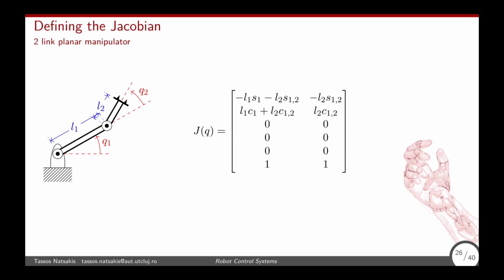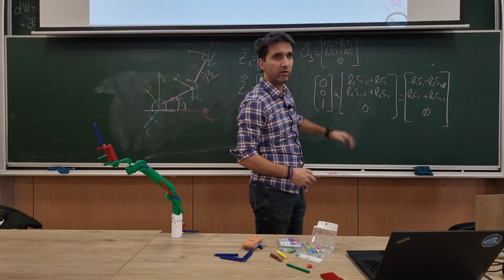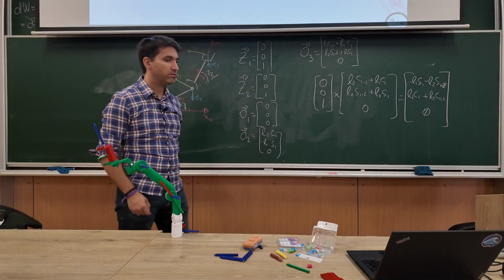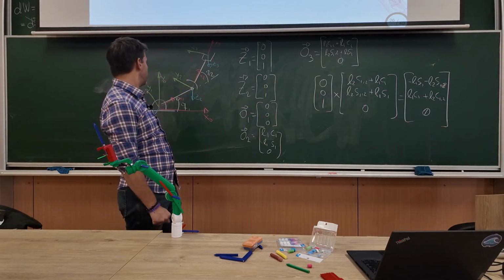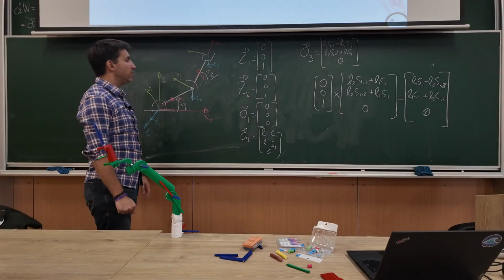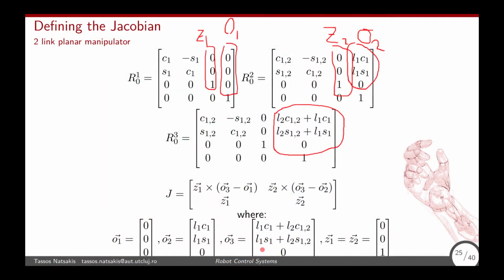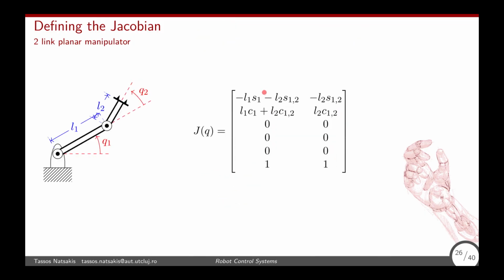Right, so if I do this cross product, you will see that these elements will basically swap and I will put a minus here. It's how cross products work. All right, and this will be basically this part here, so it will be the top left part of my Jacobian, right, these 3 elements?